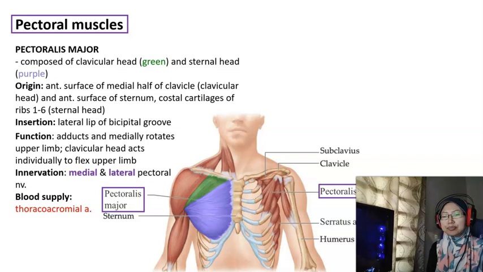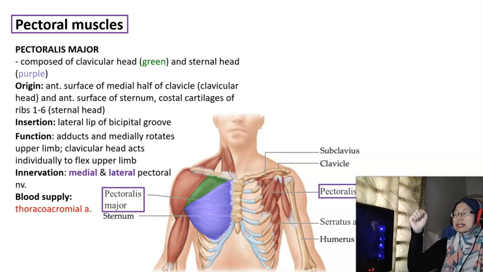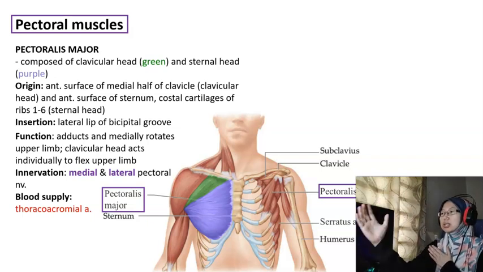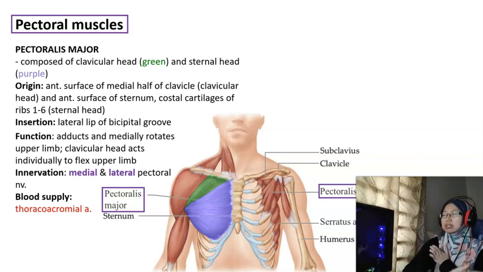This is like, for example, in an arm wrestling athlete. He will use his pectoral muscle during the sport to internally rotate the upper limb.